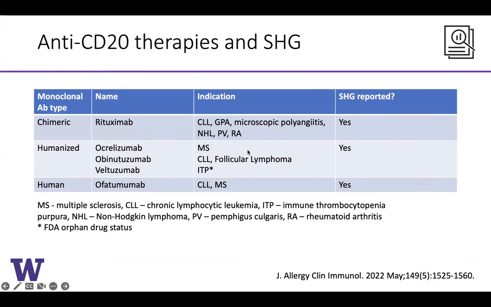Ocrelizumab, for example, is used primarily for MS, and the next one for malignancies. All of those were reported to be associated with secondary hypogammaglobulinemia, although we have the most data on timing to recovery and how much it affects immunoglobulin levels for rituximab.